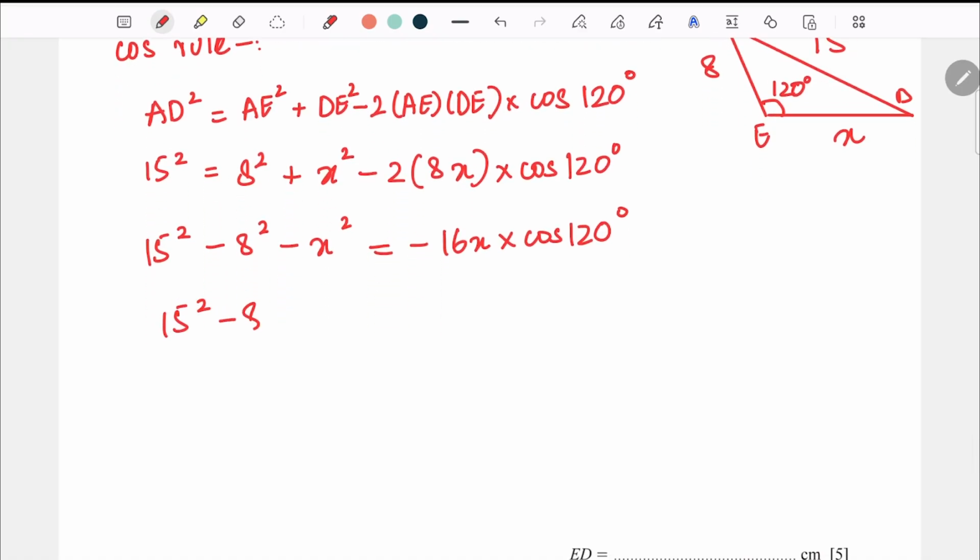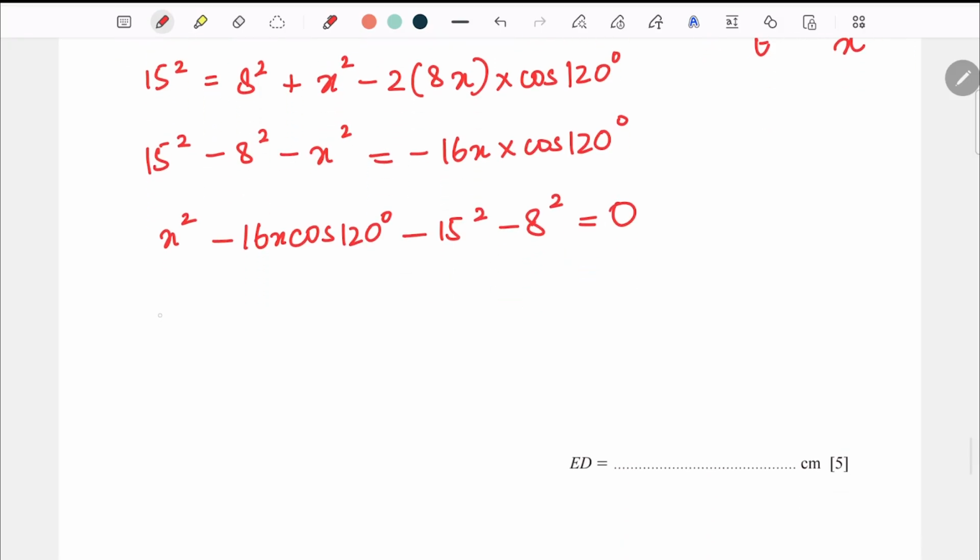15 squared minus 8 squared, I'll make x positive, so it'll basically form a quadratic equation. So this will be x squared minus 16x cos 120 minus 15 squared minus 8 squared is equal to 0.